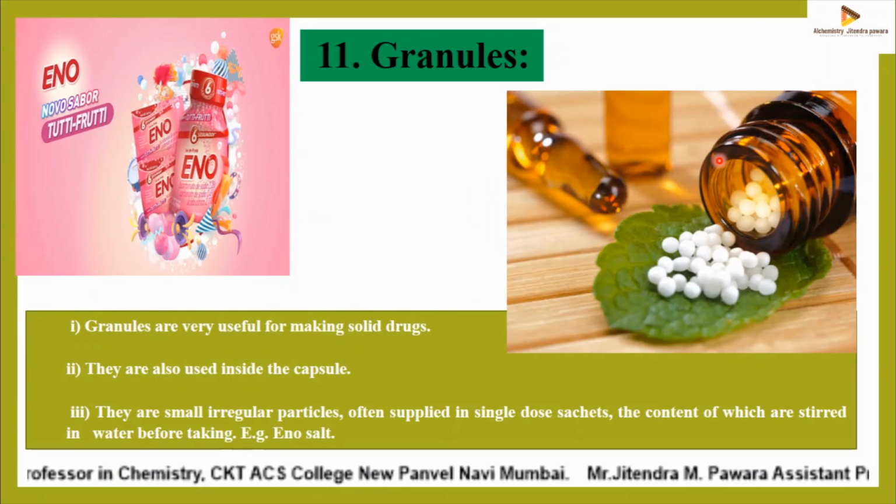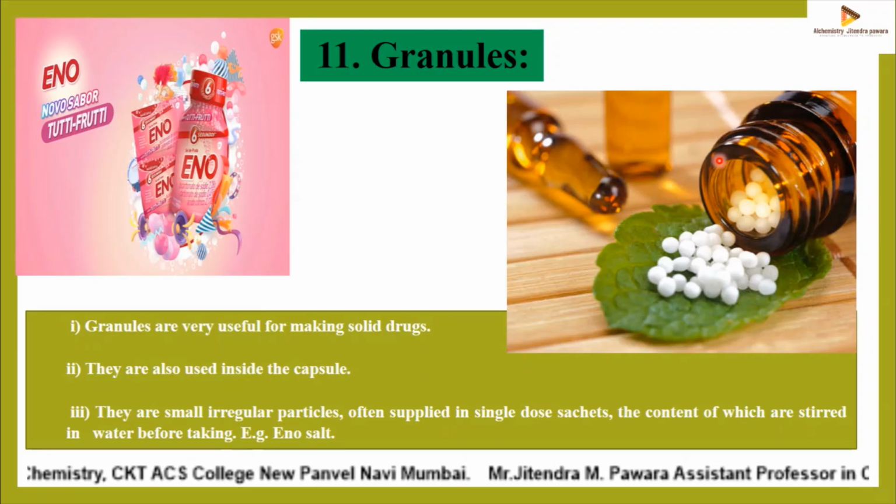And the next dosage form is granules. Granules are very useful for making solid dosage forms. They are also used inside capsules. They are small irregular particles often supplied in single dose sachets, the contents of which are stirred in water before taking.